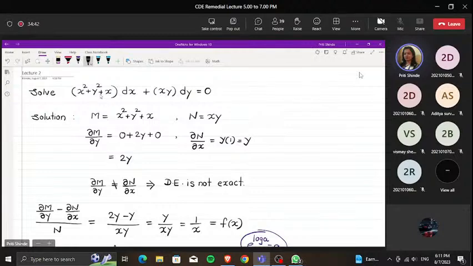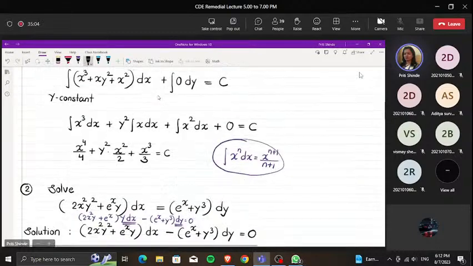Here the right hand side is 0 and you can see only two terms, (x square plus y square plus x) dx and the second term xy dy. So you can compare with m dx plus n dy is equal to 0 and solve by using either exact or non-exact differential equation.